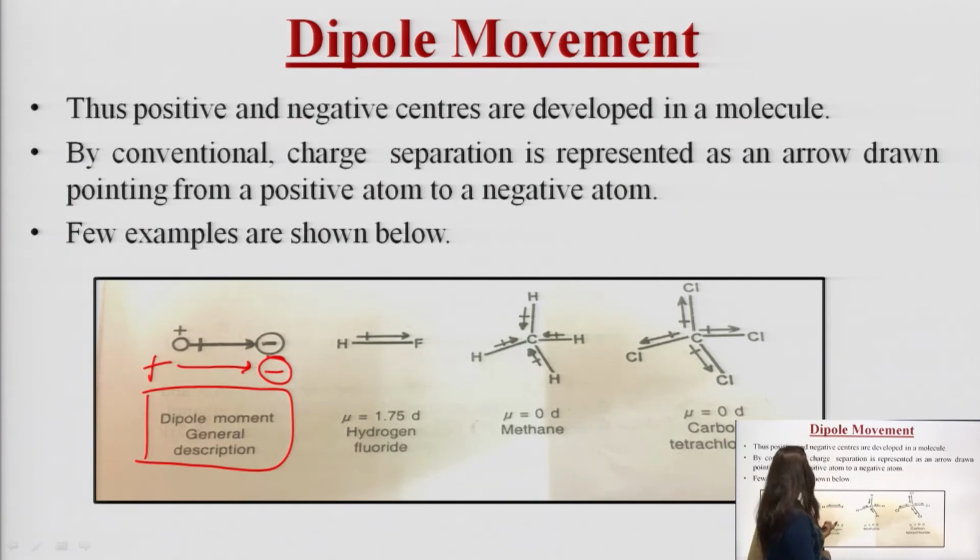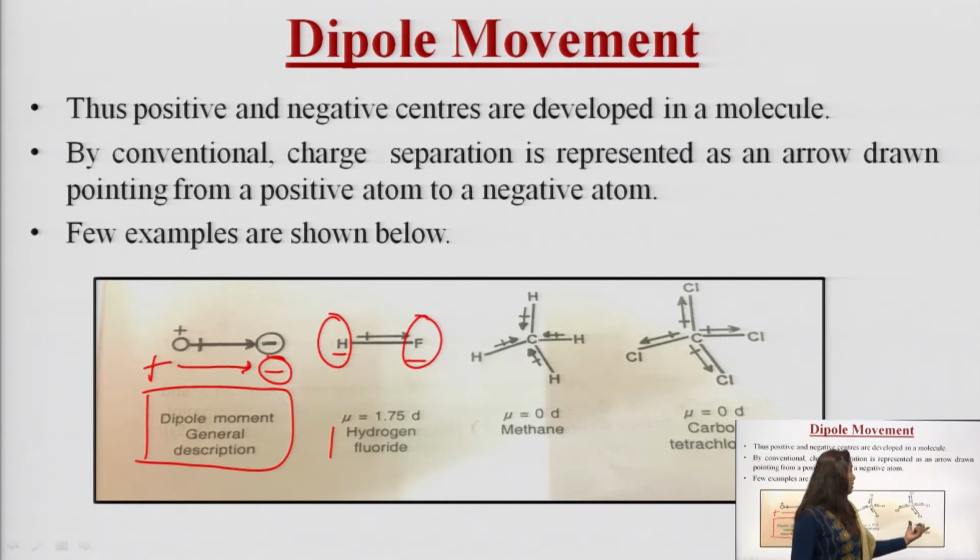ठीक है. Next we have here H and F. Mu is equal to 1.75, that is hydrogen and the fluoride. This is your hydrogen, this is your fluoride, and mu is equal to 1.75 D. Next we have mu equal to 0 D, that is methane. Okay. Next we have carbon tetrachloride.